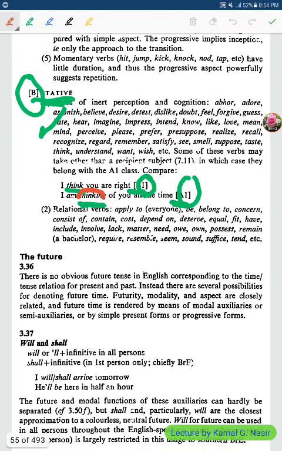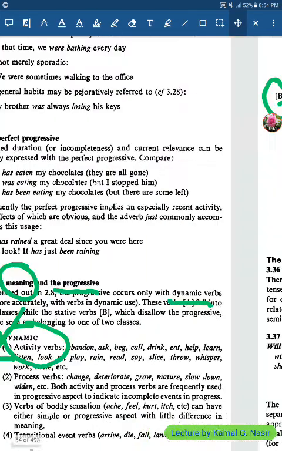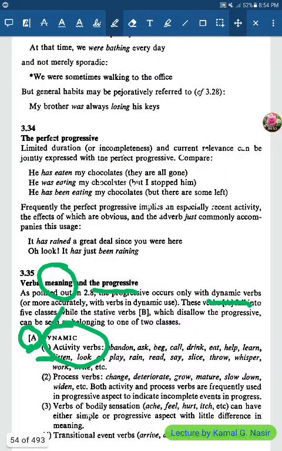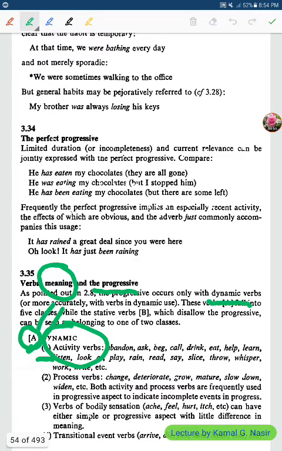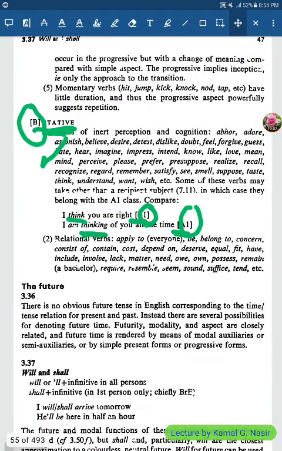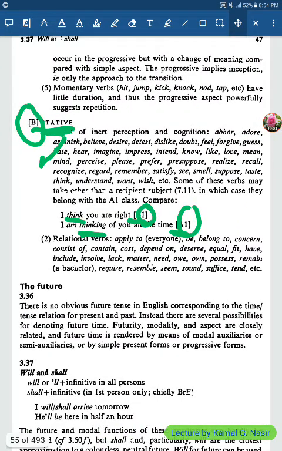When it is an activity verb, it takes ing and becomes dynamic. When it is inert and cognition, it does not take ing, then it is stative. This is what is related to the stative and dynamic verbs.